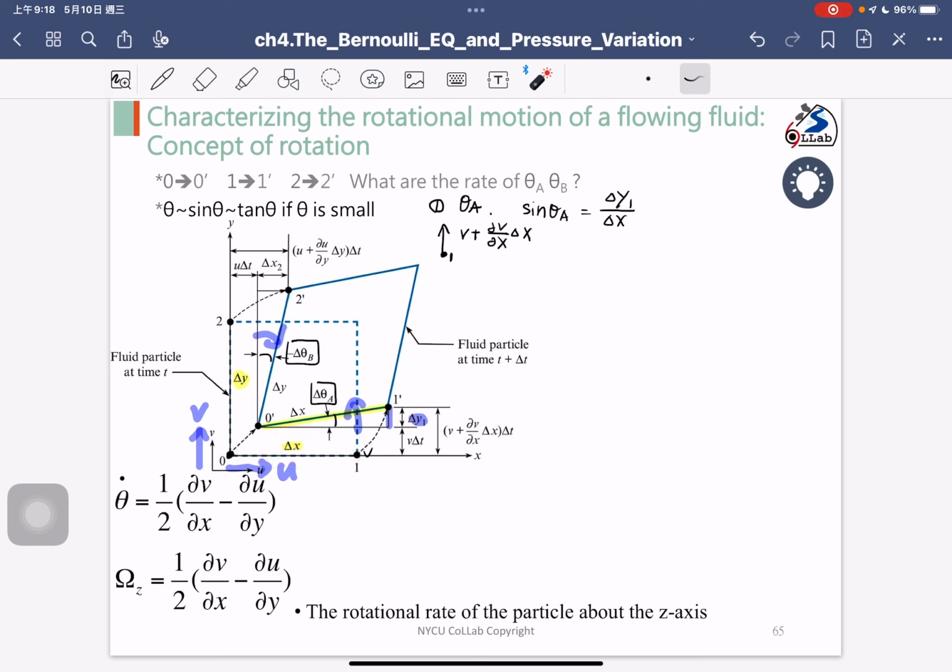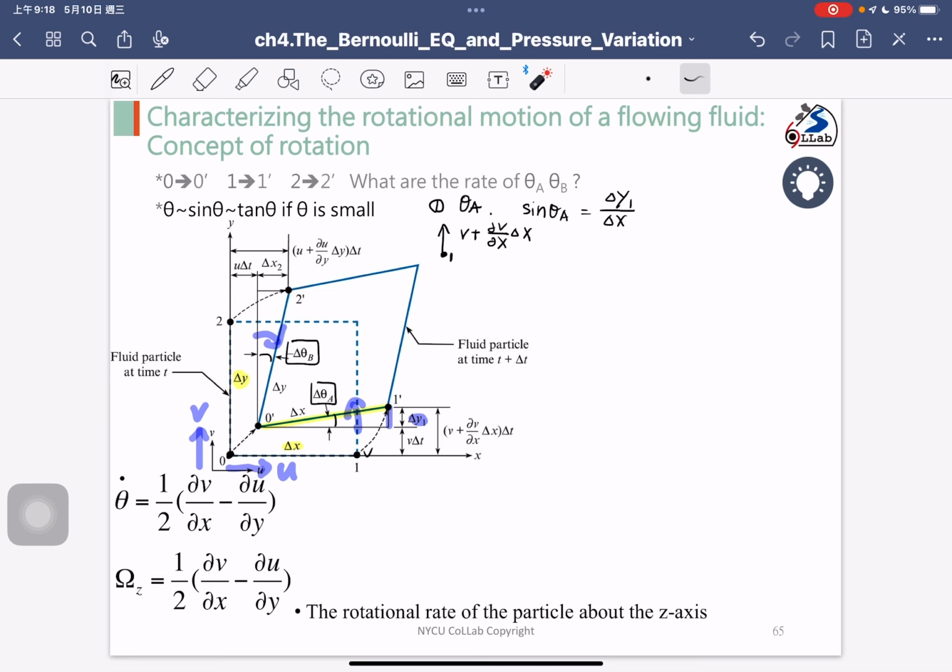And I assume there is a linear velocity gradient from 0 to point 1. So for dv/dx, I assume the velocity change is linear along the x direction. So dv/dx is a linear slope, and I multiply by the spatial change, delta x. So this is our new velocity at point 1.